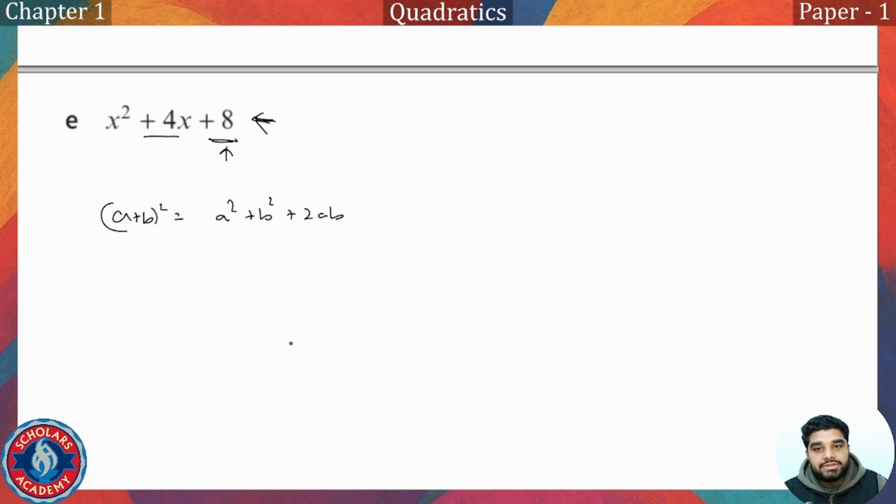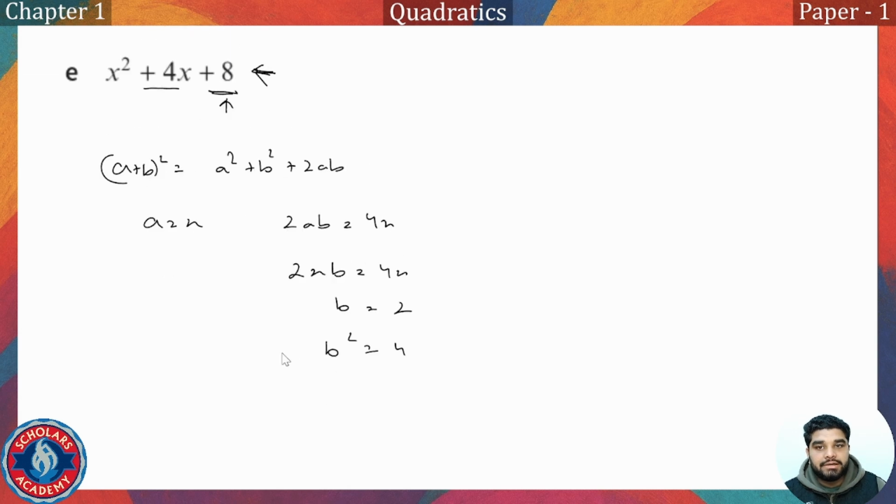Okay, so comparing it, we get a is equal to x, we get 2ab is equal to 4x. So if I substitute this, we get 2xb is equal to 4x. It means b is equal to 2. So if b is 2, b square is equal to 4, right?